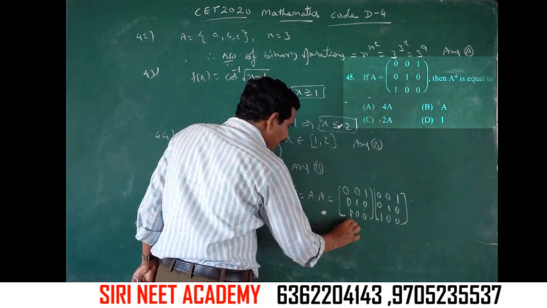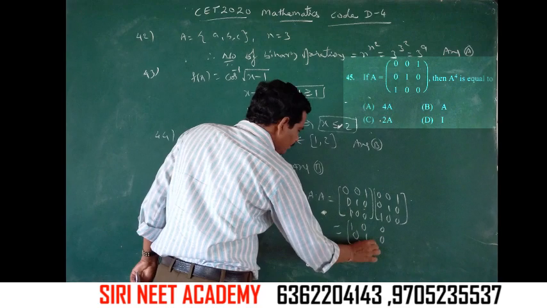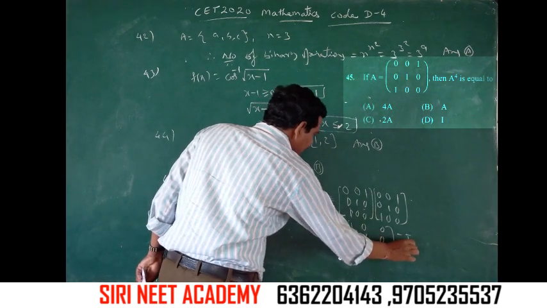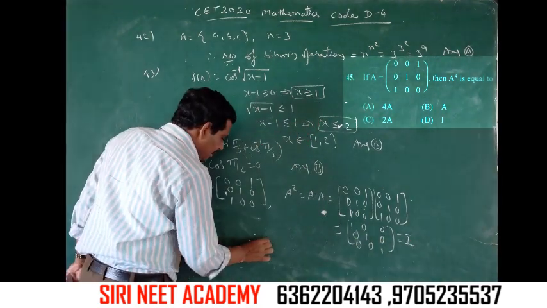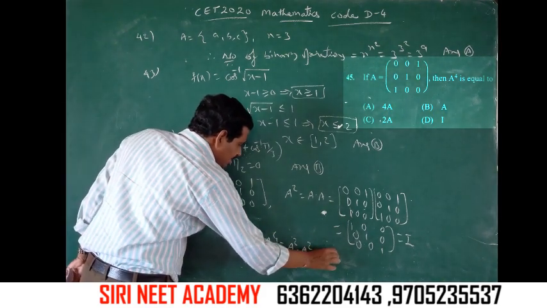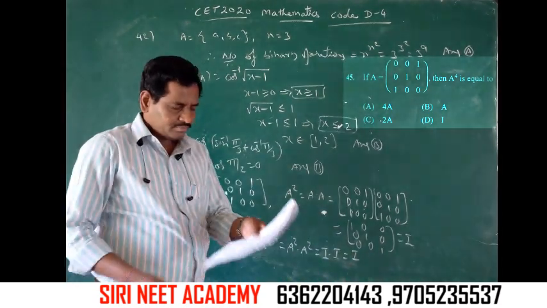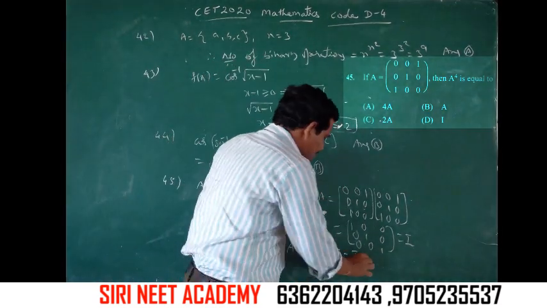Zero zero one. Which is equal to I. A square value is I. So A power 4 is A square into A square, I into I, I. Option is D.